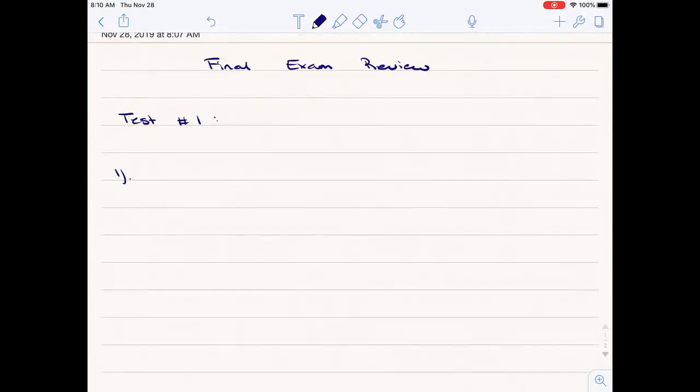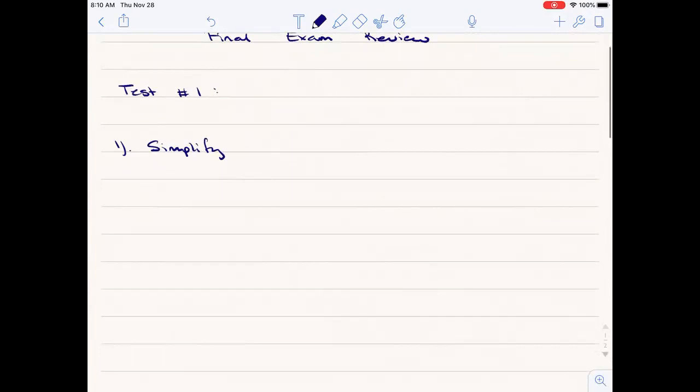The first question will be simplify an expression. You've seen that on the other tests too. The practice test has the same format as the actual test, so there are no curveballs. I don't like to do that.